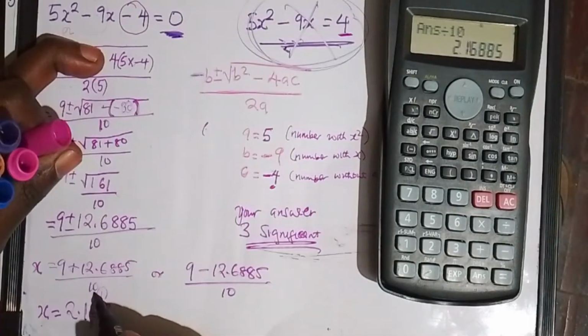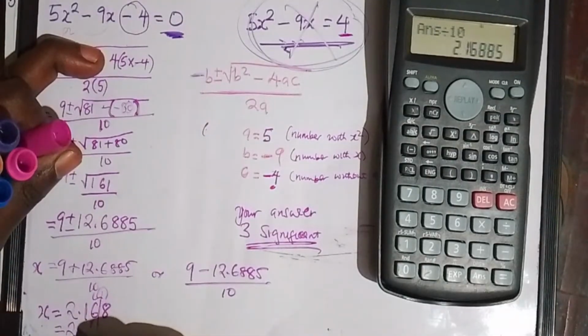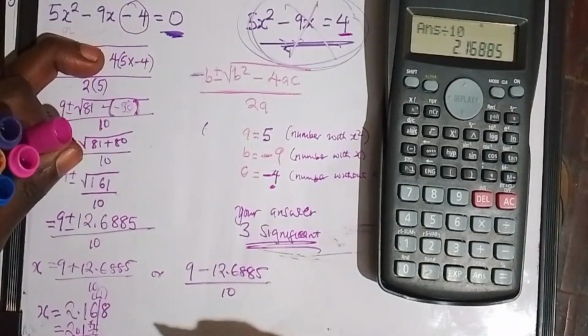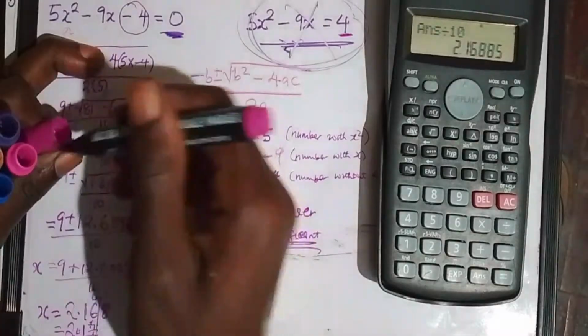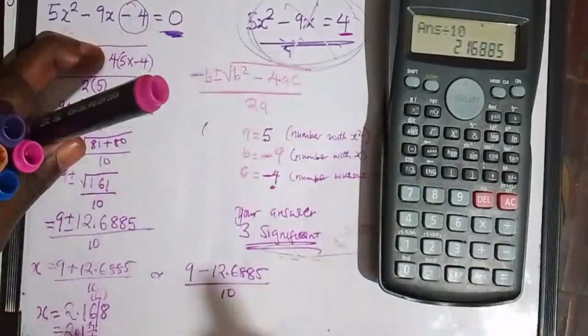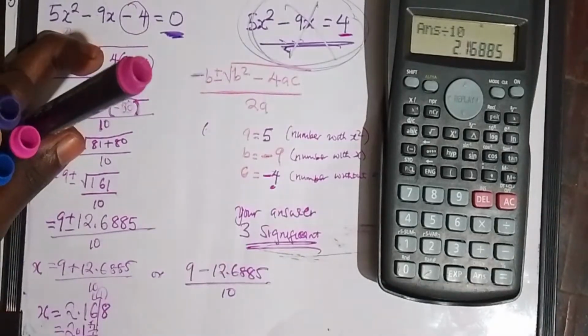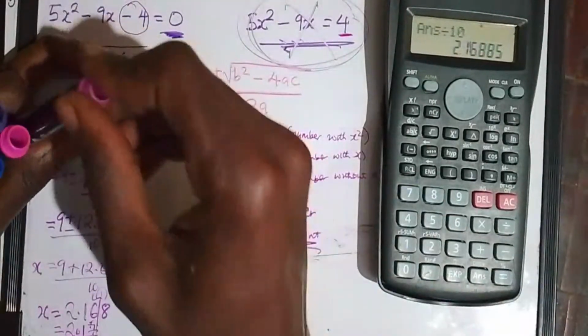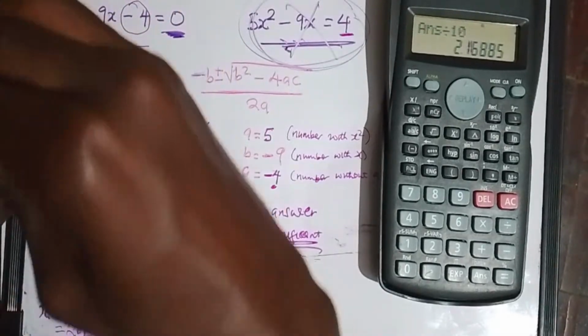So we're going to give 1 to the previous number, giving our answer to be 2.17. So always leave your answer to 3 significant figures or 2 decimal places. Then let's solve the other part. So this is the first answer.